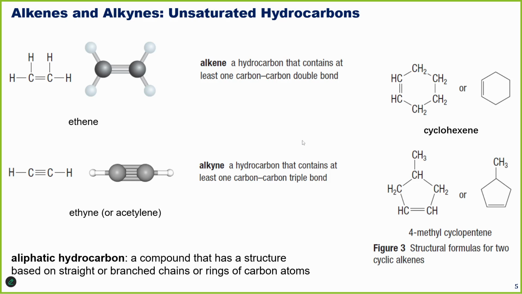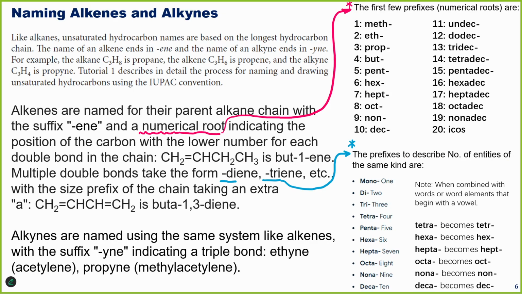Okay, so similarly, we still need to learn how to name alkenes and alkynes. Like alkanes, unsaturated hydrocarbon names are based on the longest hydrocarbon chain. The name of an alkene ends in the suffix ene, and the name of an alkyne ends in yne. For example, the alkane C3H8 is called propane, right?